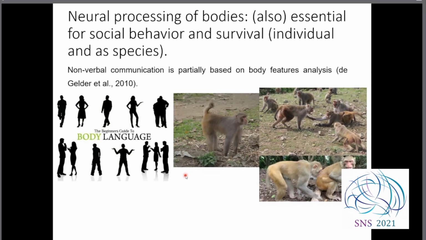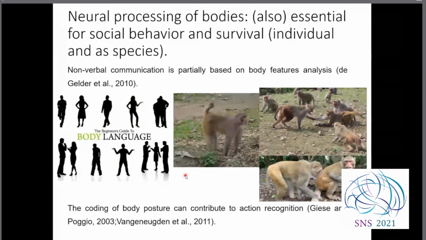We also know from previous work that the coding of body posture also contributes to recognition of actions. So even from static images, you can do a posture analysis and recognize some action that might take place. But when you have a movie of the displays, so when there is dynamic body display, then even more information is presented with respect to actions.